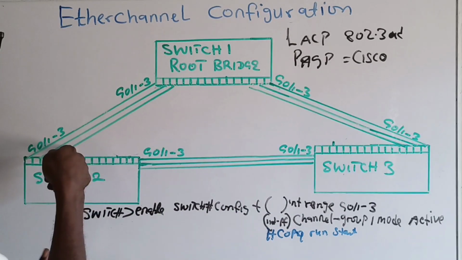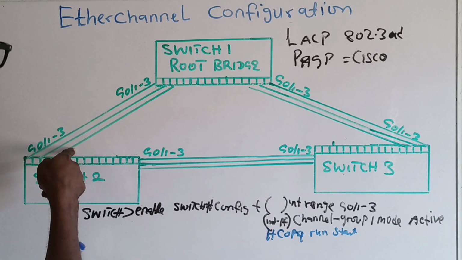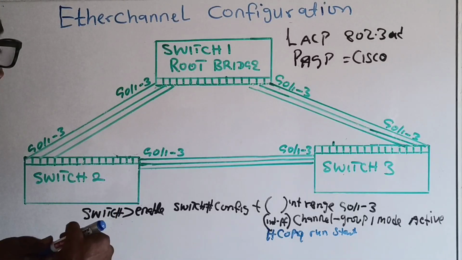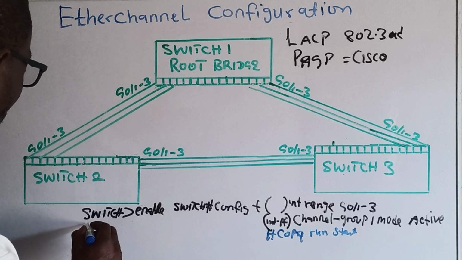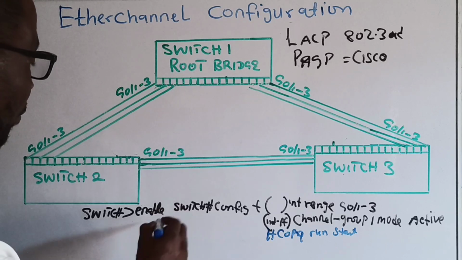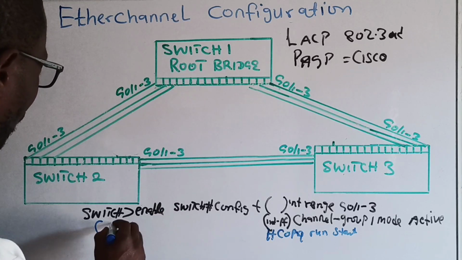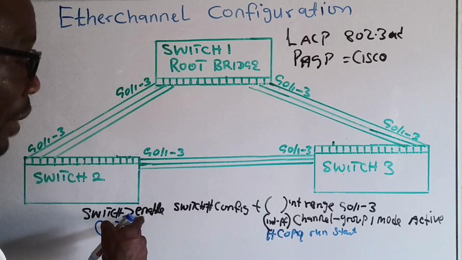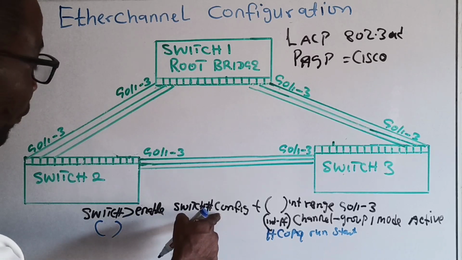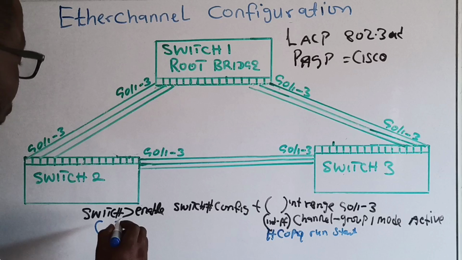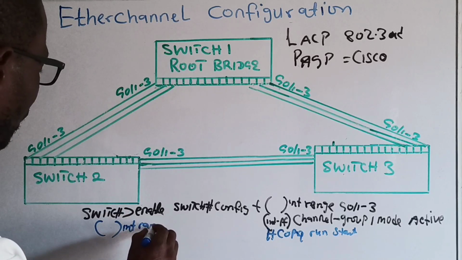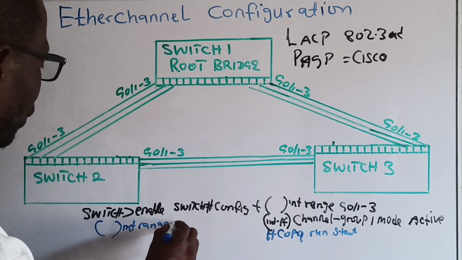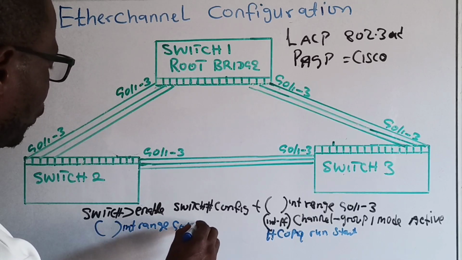Now you come back to this switch. Let's say we are on this switch now. Enable, and you come to global configuration mode with config t. Then you put interface range gigabit 0/1 to 3.